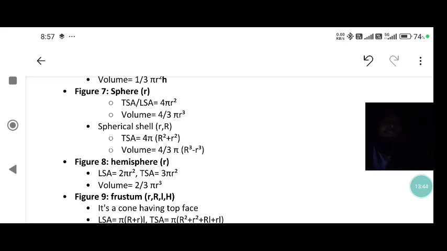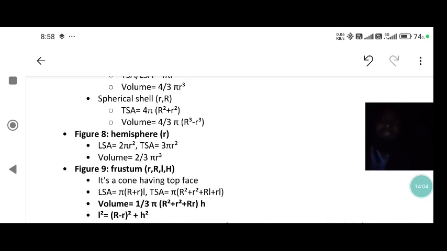Here it will be 4 pi times the sum of the squares of each radius, and the volume will be 4 by 3 pi into the difference of the cubes of the radii. Here the difference is taken because the inner volume is removed, and total surface area is the sum. So volume will be less.